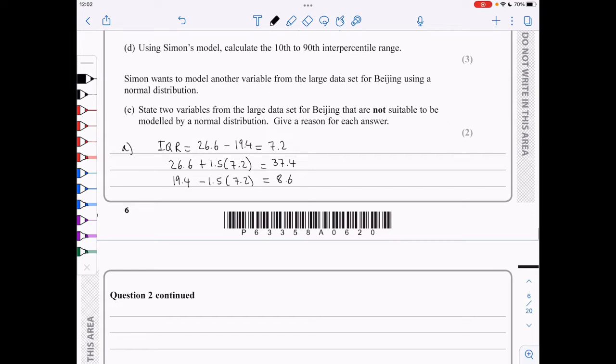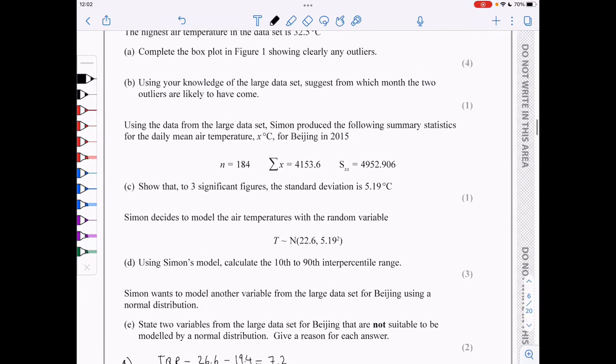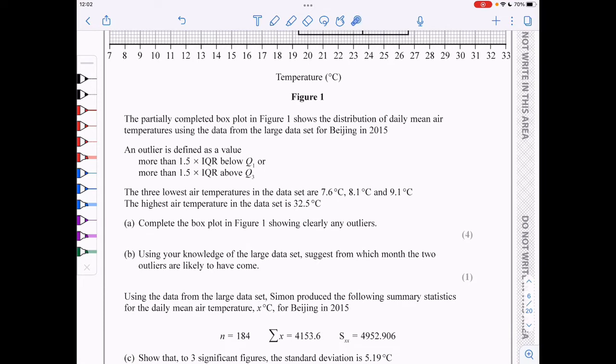lower limit. So if I look at the data being given here, it's obvious that 7.6 and 8.1 are outliers, 32.5 is not, 9.1 is not.